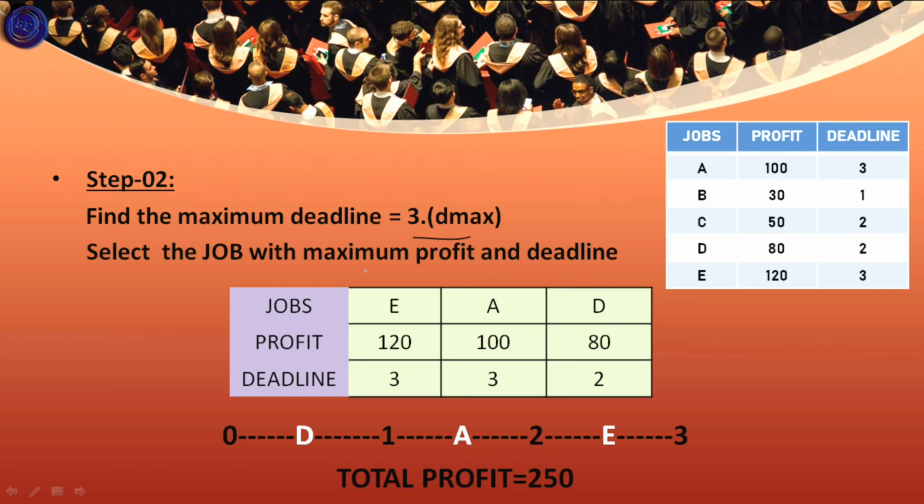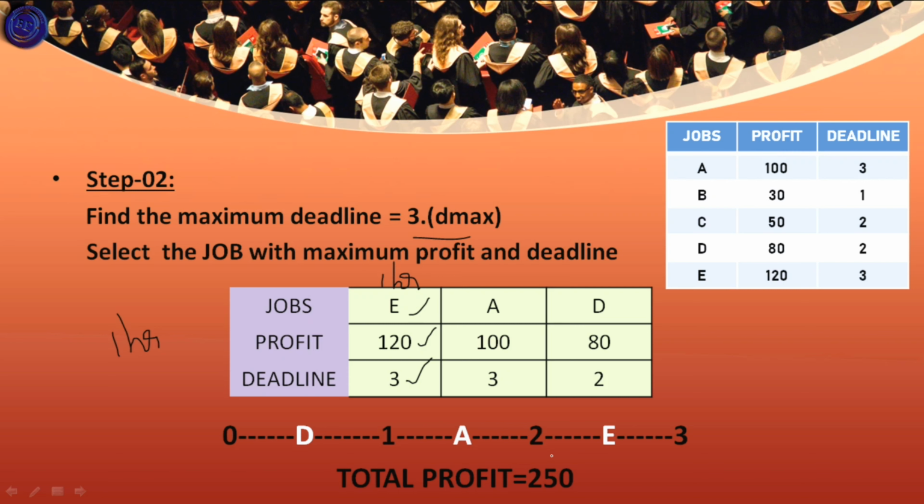The main aim of job sequencing is to complete a particular job within the deadline and earn a maximum profit. So first I am going to select the job which has the maximum profit and a deadline of 3 hours. But the main aim of job sequencing is to complete the given job in 1 hour. So each job is completed in the first hour.